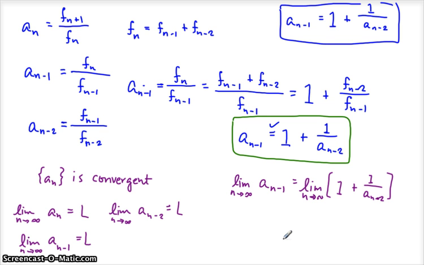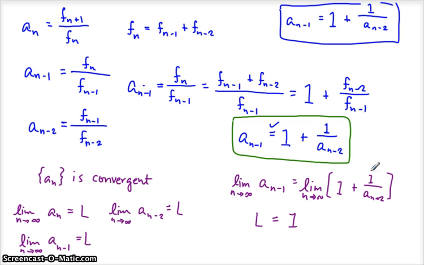So if we apply the limit to both sides, well, we have definitions for these different limit pieces, so let's apply them. So this left-hand side just becomes L. And if we continue on the right-hand side, well, the limit of 1 as n approaches infinity, it's not dependent upon n at all, so it's still going to be 1. And we have 1 divided by a sub n minus 2.